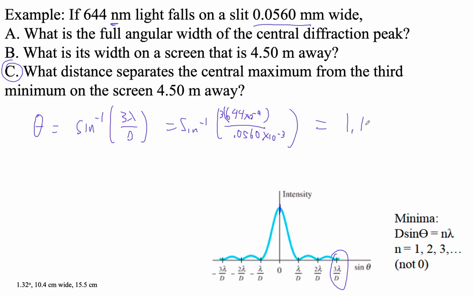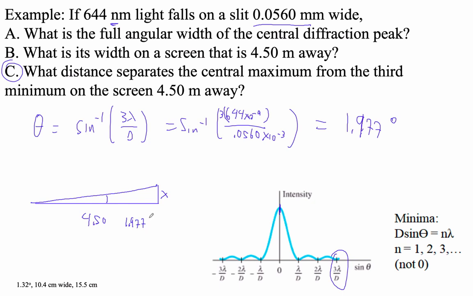That's a whopping 1.977 degrees. And then I can figure out the distance. So here it is. The screen is 4.50 meters away. It's going to be some distance here. And that angle is 1.977.